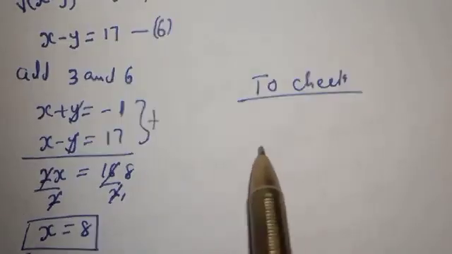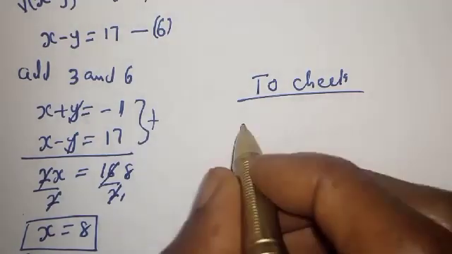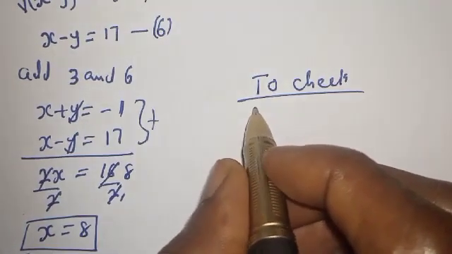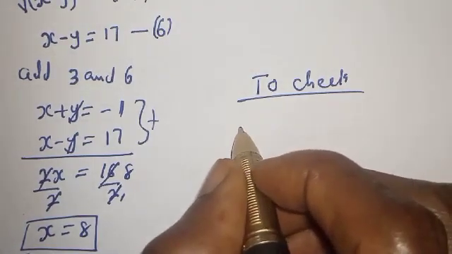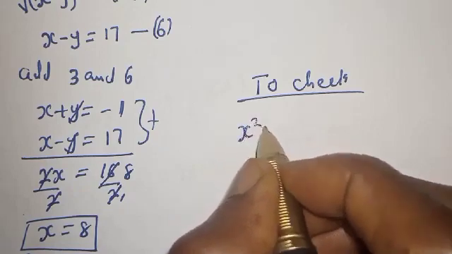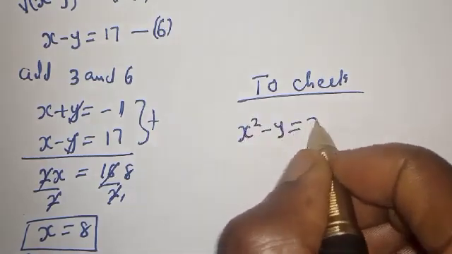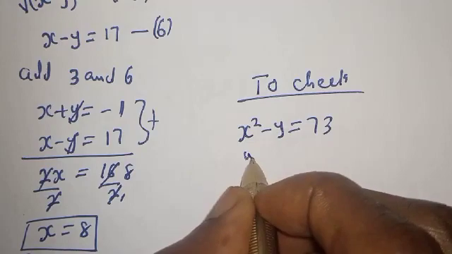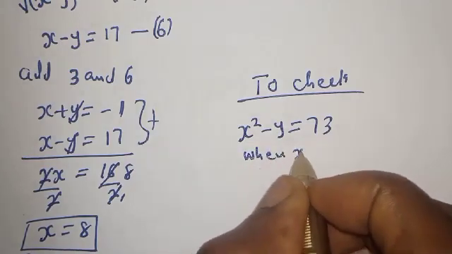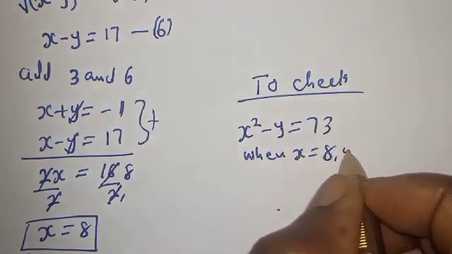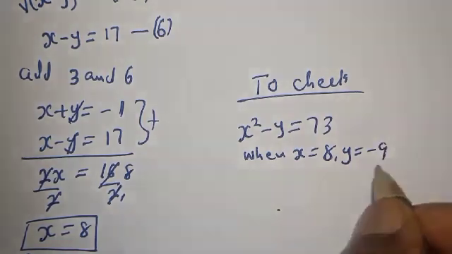Now we can check to confirm if our answer is right or wrong. Let's use either equation 1 or 2, but I'm going to make use of equation 1. Equation 1 is x squared minus y is equal to 73, when x is equal to 8 and y is equal to minus 9.